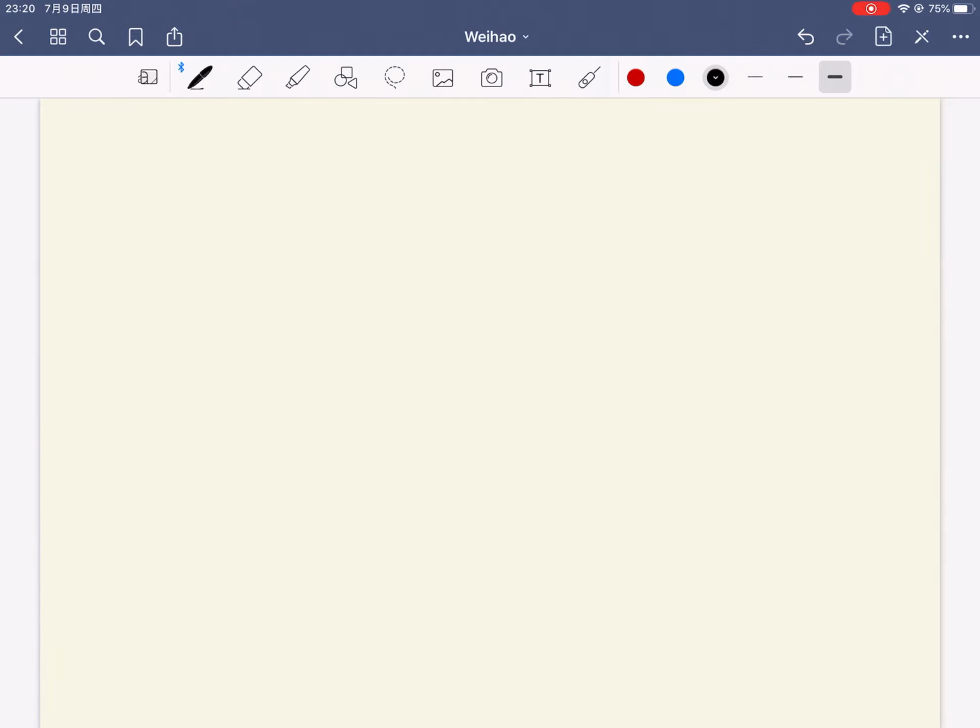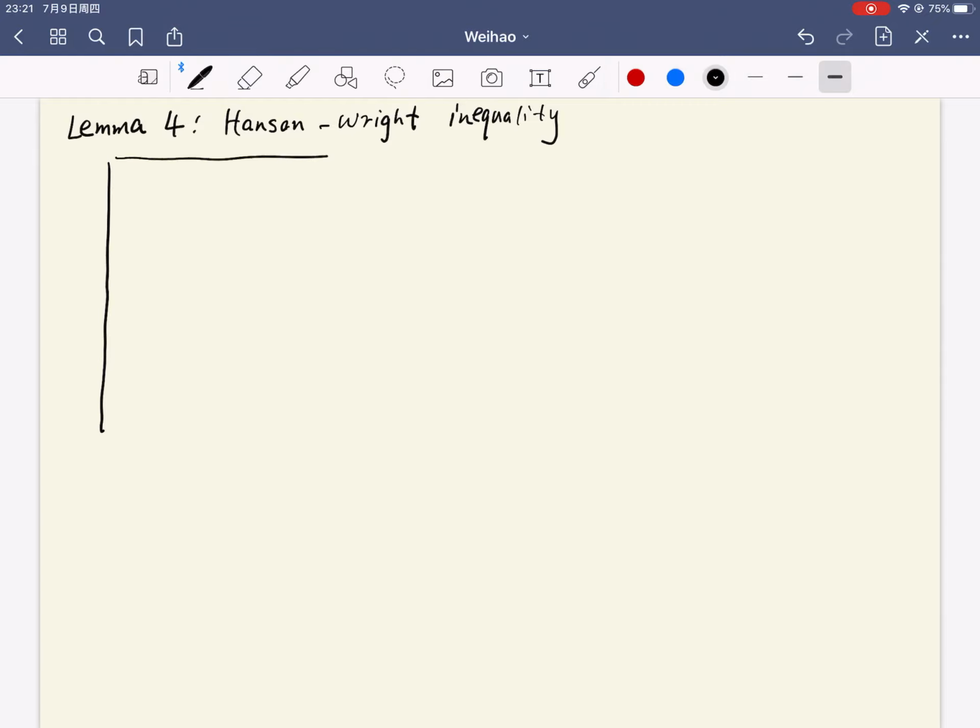Let's write down that lemma without proof. The description of the lemma goes in the following way.